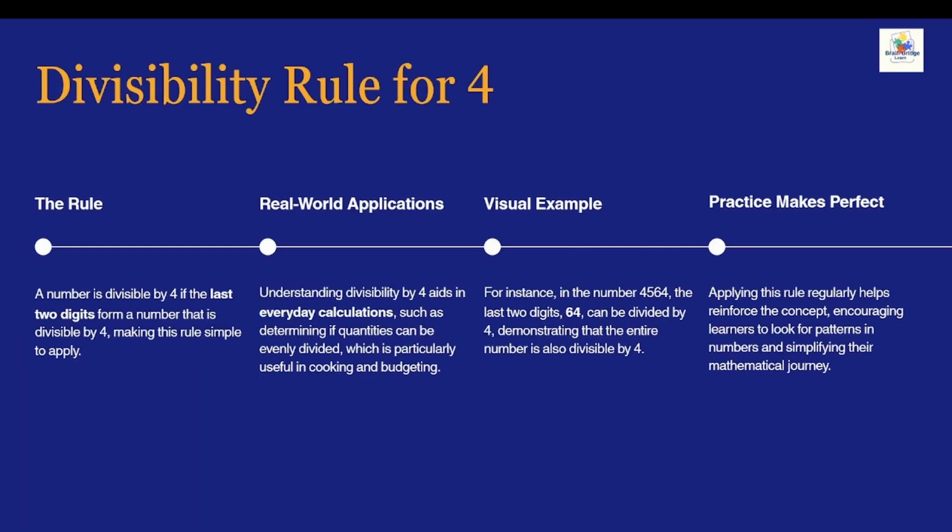So, the divisibility rule for 4. The rule is that a number is divisible by 4 if the last 2 digits of the number form a number that is divisible by 4, making this rule simple to apply.